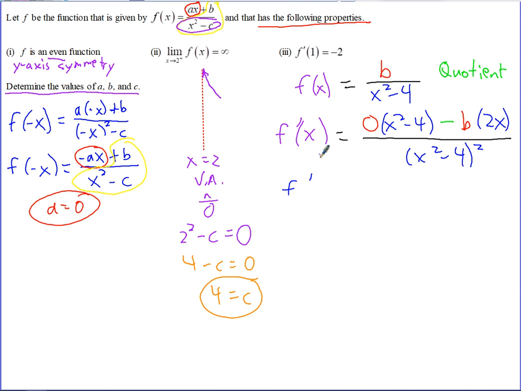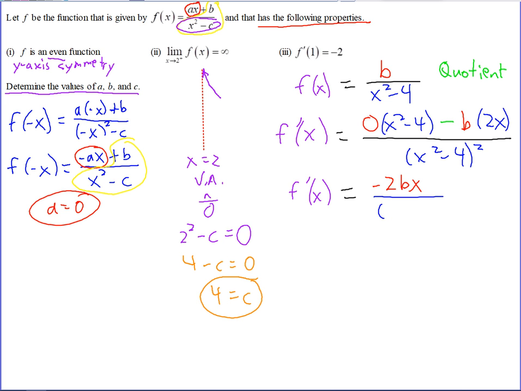F prime of x. All that's left on the numerator would be negative 2bx, and the denominator is x squared minus 4, squared.